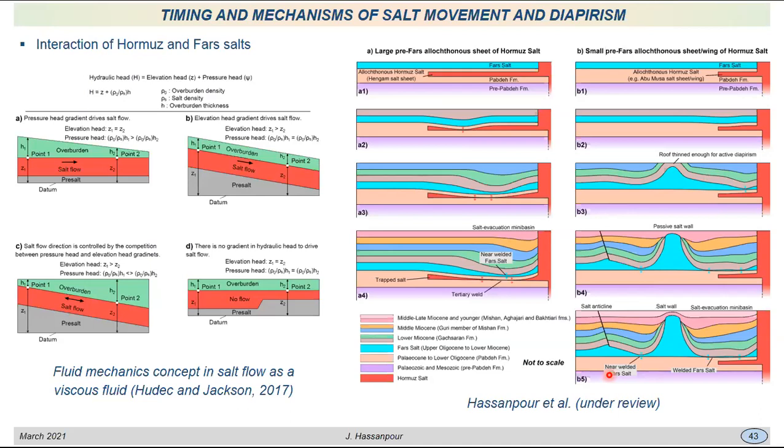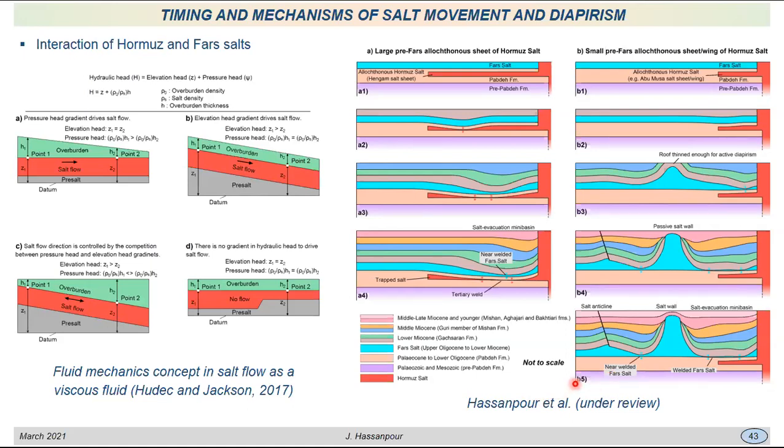So we have seen that the Fars Salt in the Eastern Persian Gulf has flowed only where it has interacted with a major diapir of Hormuz salt that extruded allochthonous salt at the Paleogene level.